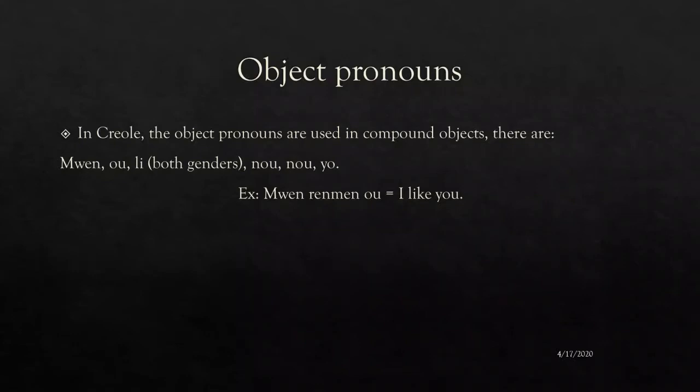The same way you see object pronouns in English, we have object pronouns in Creole too. In Creole, the object pronouns are used in compound objects. They are moins, ou, li for both genders. That's the little difference you would see in Creole.